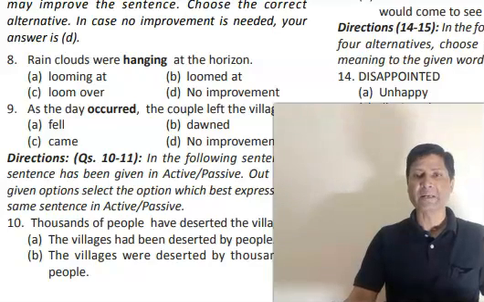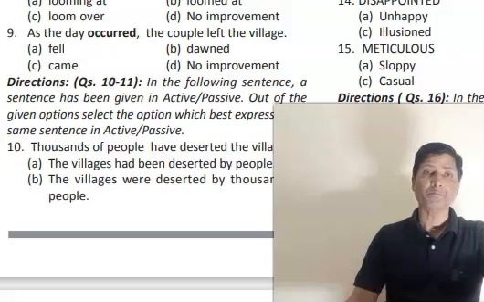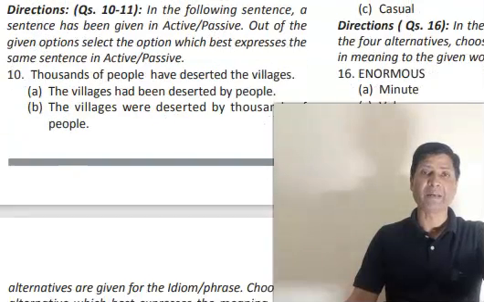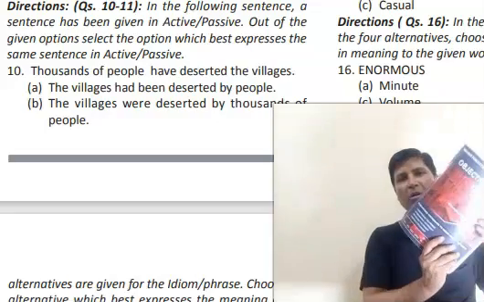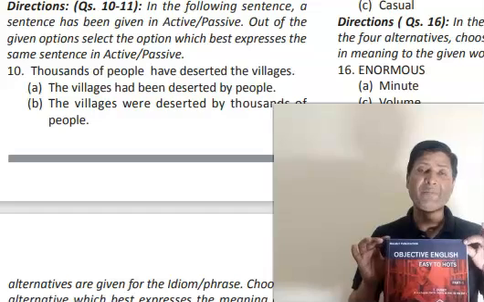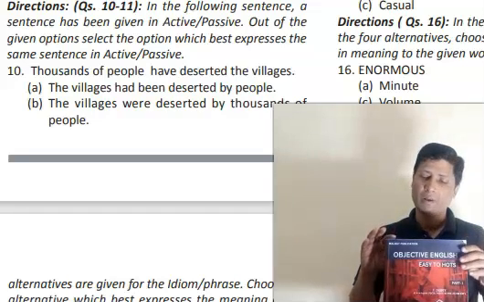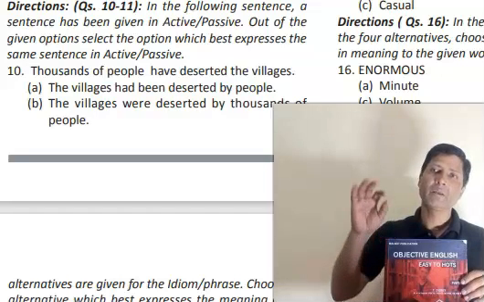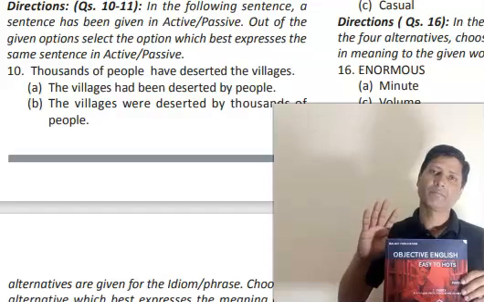Next, look at question number 10. Question number 10 is active and passive. In part 1 of this book, I have written a technique called the Submavia technique. I will discuss that technique very soon. With the help of that technique, you can guess what question is coming beforehand.